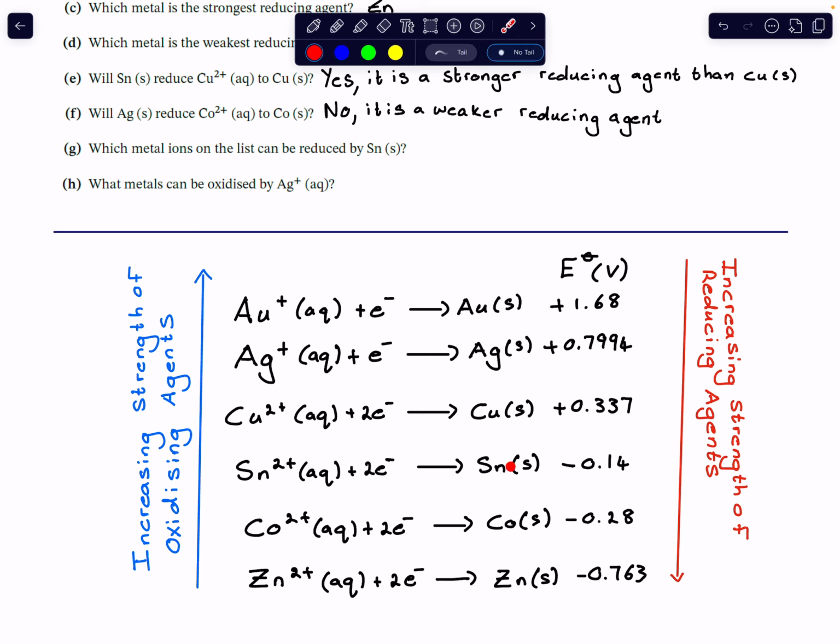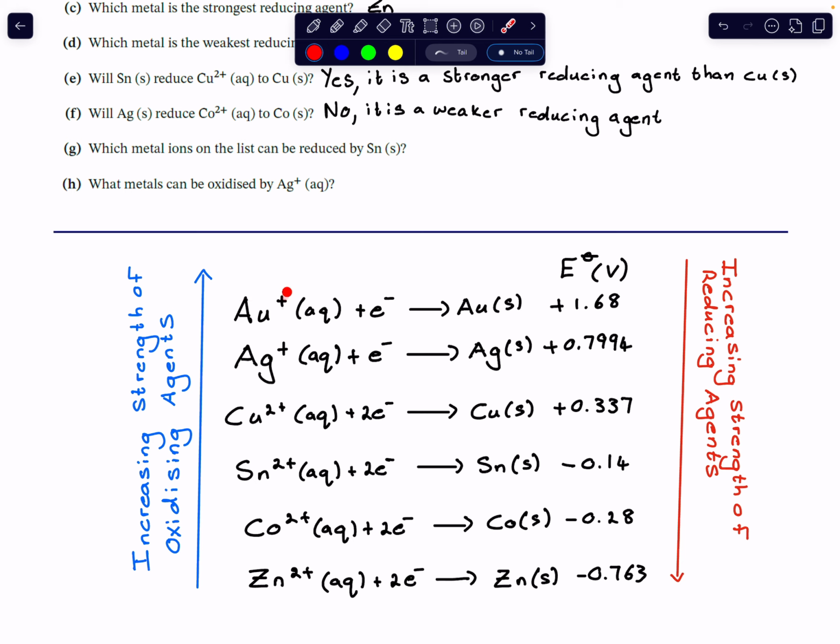So tin solid is a reducing agent. The question is, which metal ions can be reduced by tin? In other words, it's all the metal ions that are above the tin equation. So tin wants to undergo oxidation, and hence the other species that react with the tin would need to be reduced.